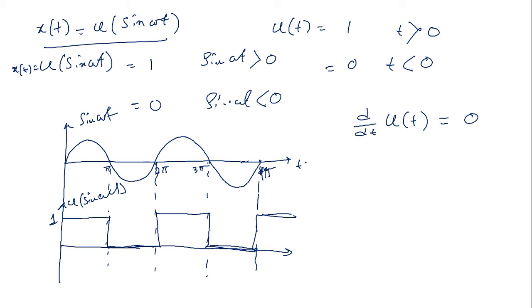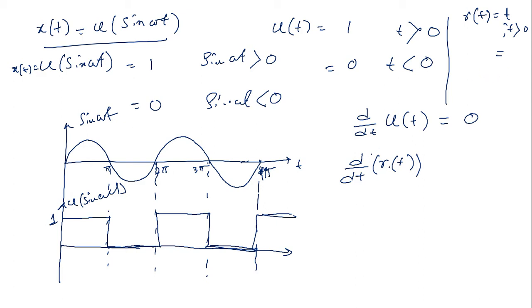What will happen if I differentiate r of t? r of t is nothing but t, so you can write r of t is t for t greater than 0, and r of t is 0 for t less than 0.